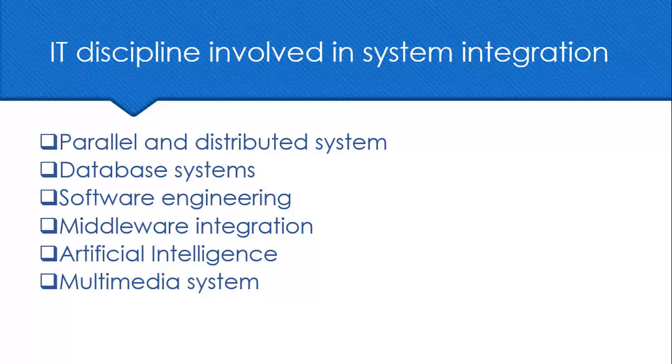If we say parallel, this is a type of technology in which the resources or the components, like for example, hardware components of a system and software components, are then networked.